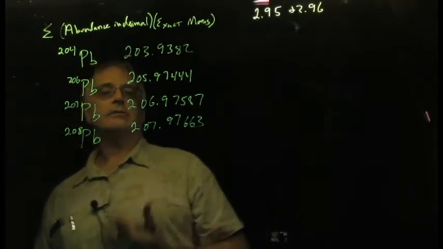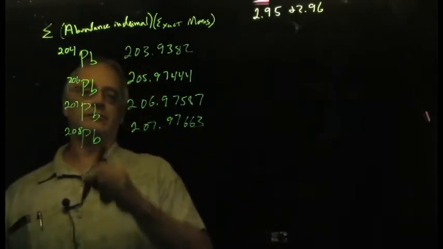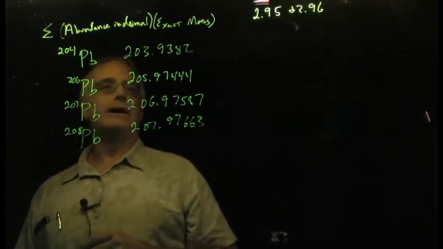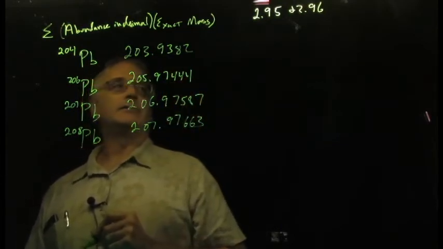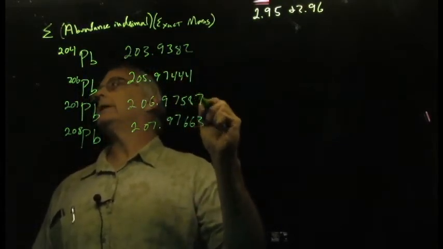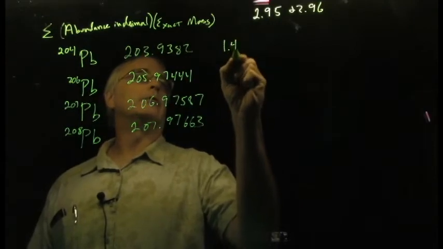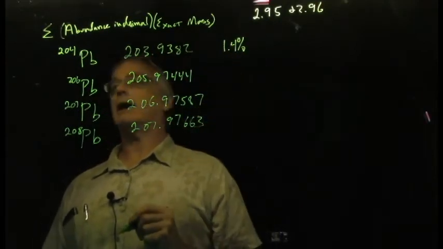Okay, so here's all 4 of the isotopes with their mass number names here, the exact masses, and then of course the percentages. And they tell us this one is 1.4% abundant. So not a lot of that one.